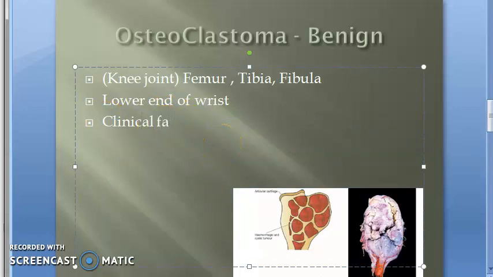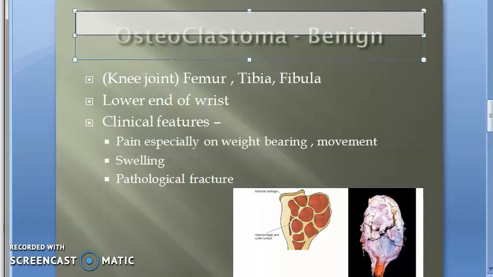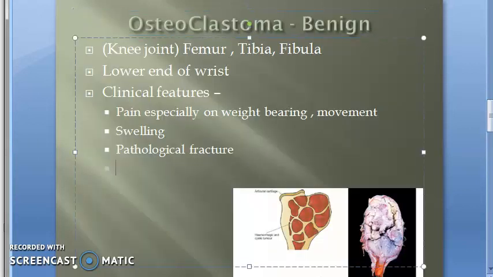Clinical features are pain. Notice they present with pain, especially on weight bearing and movement. Okay, on weight bearing areas, movement. There will be swelling and pathological fracture also can be there. Hope the clinical features are clear.